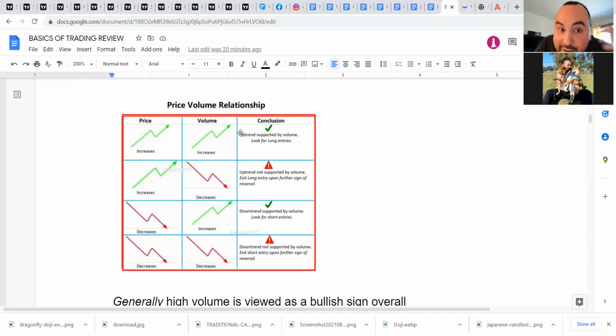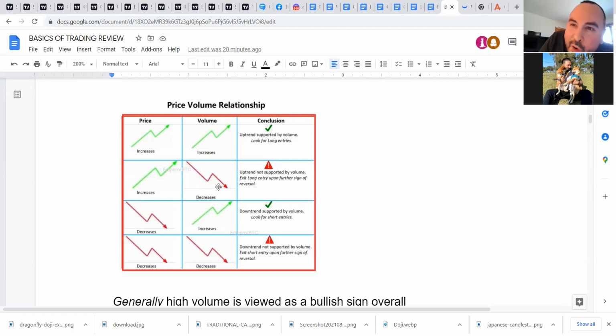That high volume is your confirmation. Same thing, skipping down to the red arrow down here. If your price decreases and there's decent volume, that's a sign that yes, the price is decreasing. Volume is your confirmation for that.